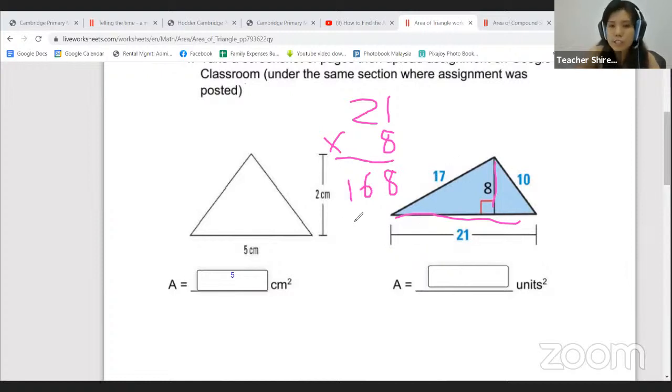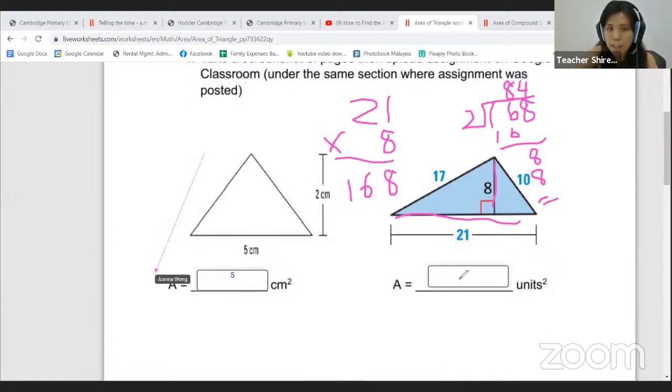So you need to take this number, divide it by 2. 8, 2, 16. So here balance 8, 4, 2, 8. Okay, 84.